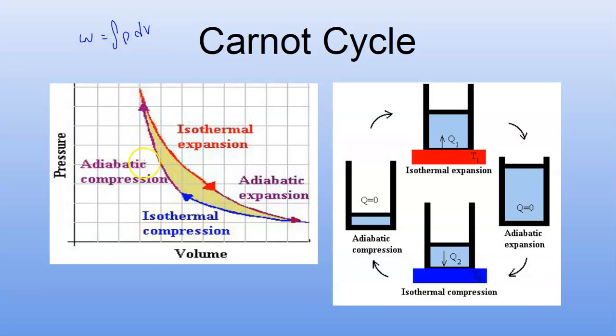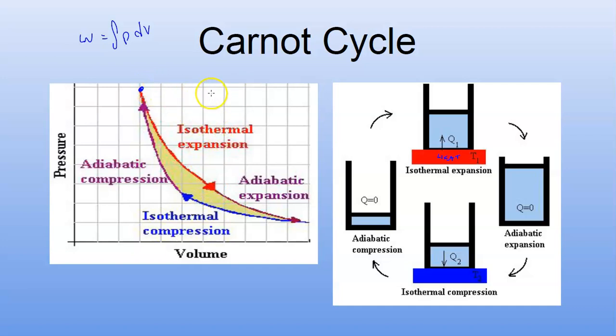But there is a process again, there is a cycle again. Right here, that first step is an isothermal expansion, so we're adding heat right here. In the case of your car engine, that would be burning gasoline, and as that happens, the piston is going to move, it's going to expand, the volume is going to get greater, and as it does that, the pressure is going to drop.